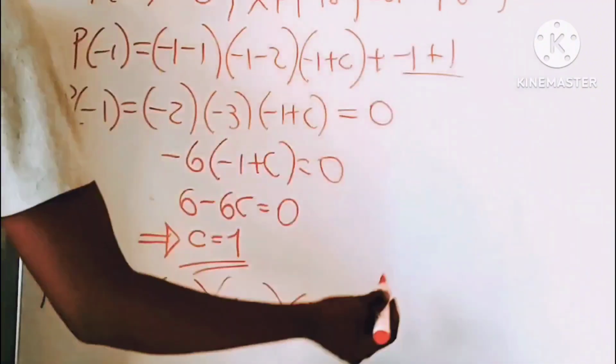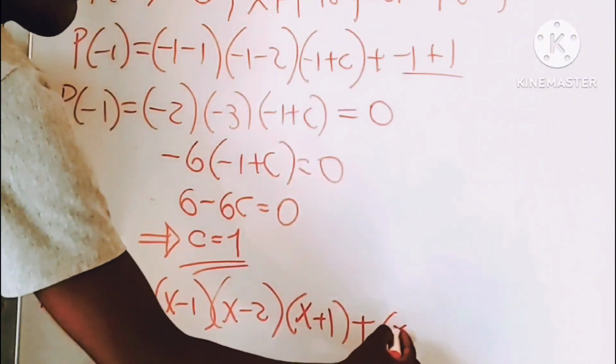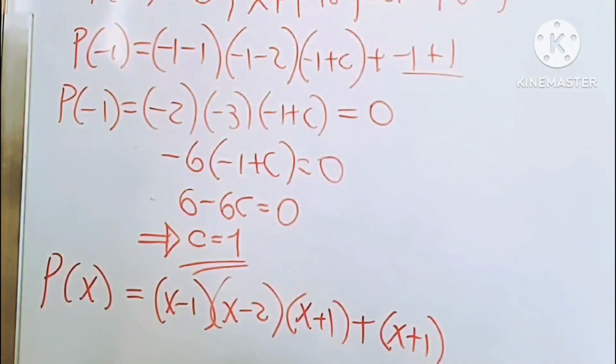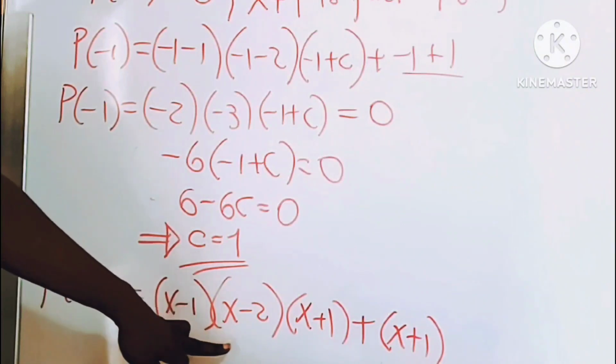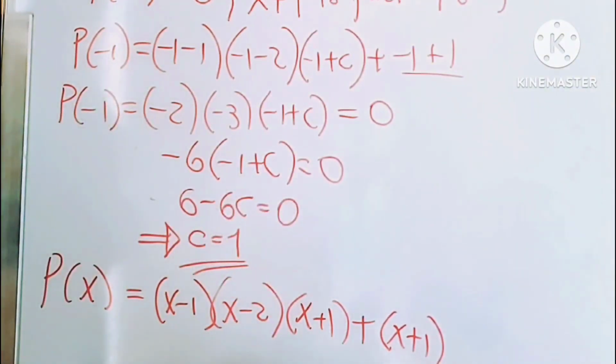A is 1, B is 1, so that's plus x plus 1. So our polynomial is x minus 1 into x minus 2 into x plus 1, plus x plus 1. So we have obtained P of x. Right now we're going to go ahead and prove that P of x has no other real root.